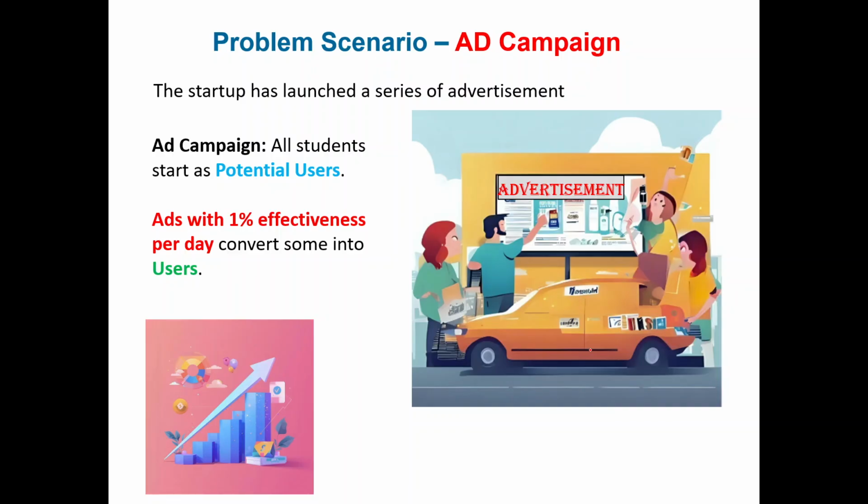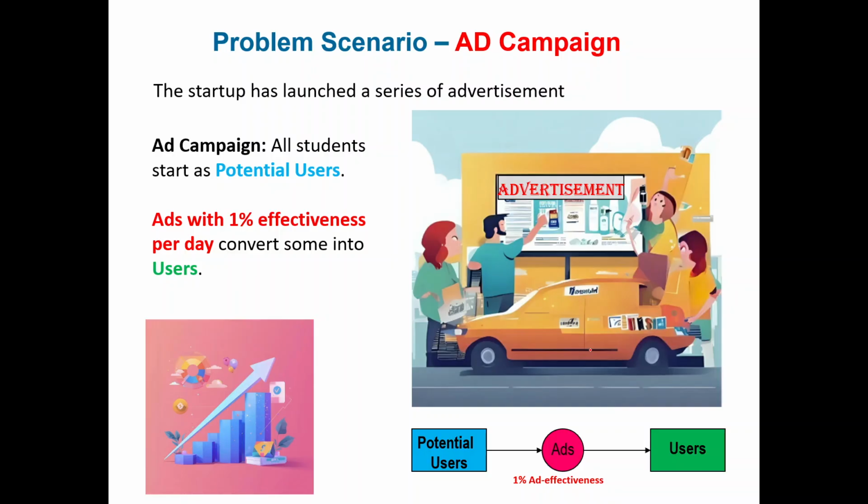So all students, at the start of the problem, are potential users, and with the advertisements having a 1% effectiveness ratio, these advertisements will convert the potential users to users. Graphically, potential users, when they come across the ads which have some ad effectiveness, will become users.